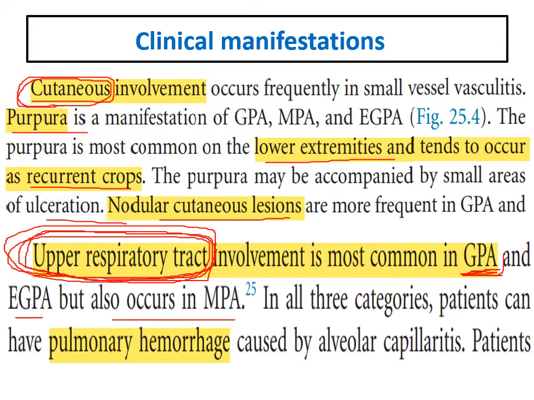Lower respiratory tract affection usually occurs in all three types in the form of pulmonary affection. The main form is pulmonary hemorrhage and progressive dyspnea due to this pulmonary hemorrhage.